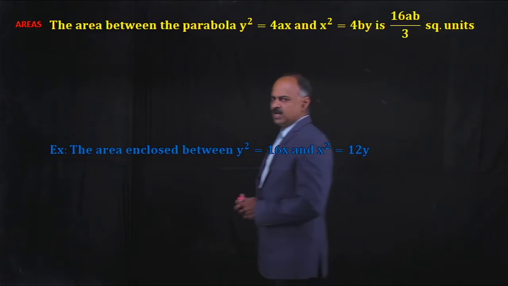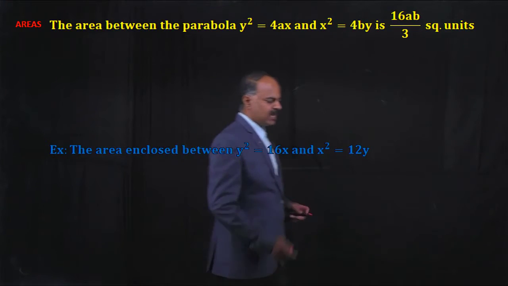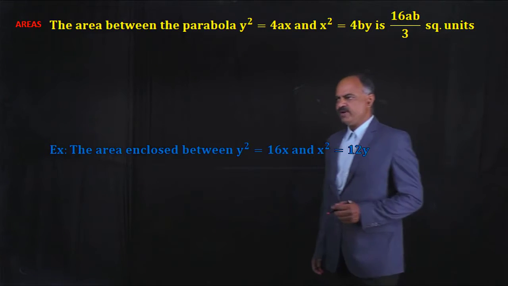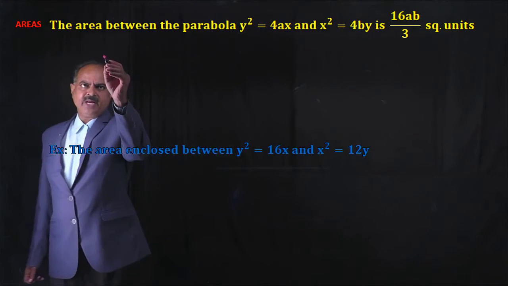Next formula: the area of the region bounded by the parabolas y square equal to 4ax and x square equal to 4by.